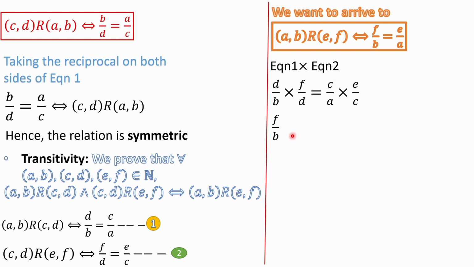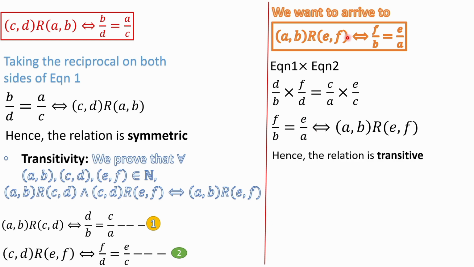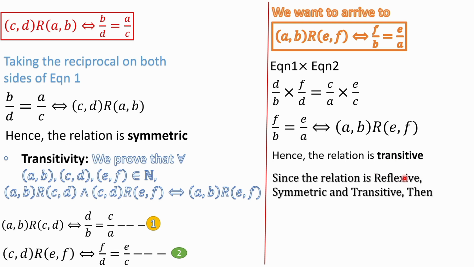So we are left with f/b equals e/a, which is effectively our relation (a,b) relates to (e,f). So we can conclude that the relation R is transitive. Now the relation is reflexive, symmetric and transitive, so we say that since the relation is reflexive, symmetric and transitive, it is an equivalence relation.